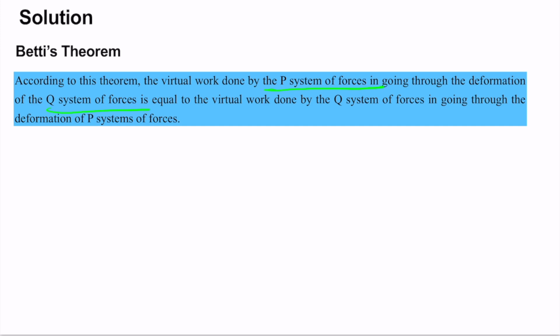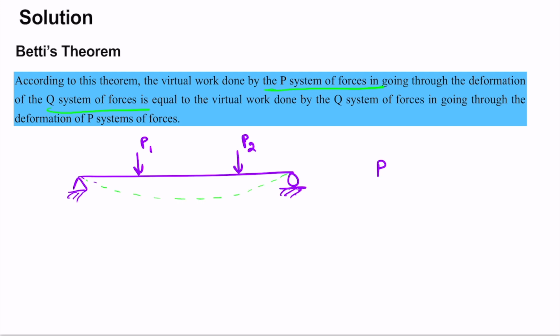Suppose this is the simply supported beam we have, having a P system of force. Let us say it has two forces P1 and P2, and because of P1 and P2 this beam deflects like this.